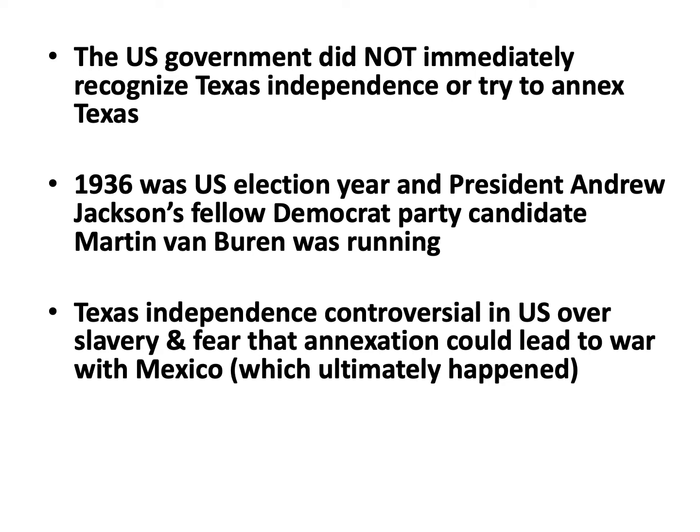The whole issue of Texas independence from Mexico and the possibility of annexation to the U.S., either becoming a U.S. territory or directly a state, was very, very controversial, largely for the issue of slavery.